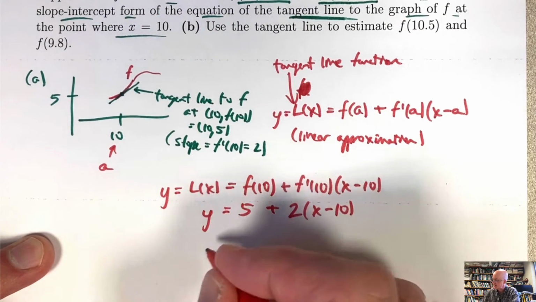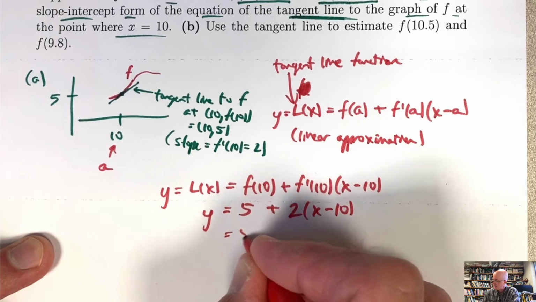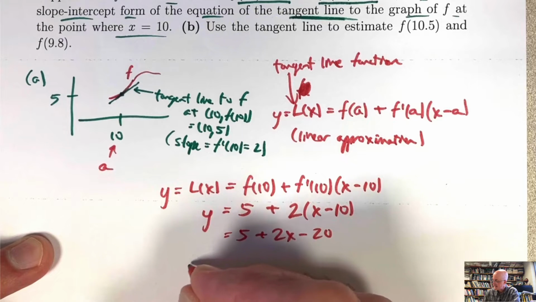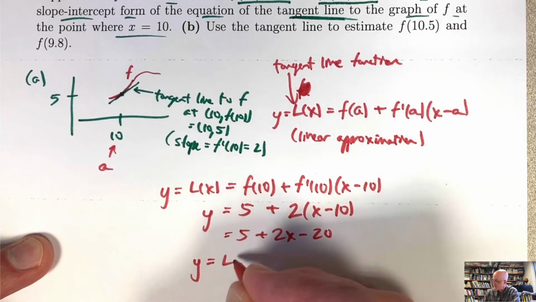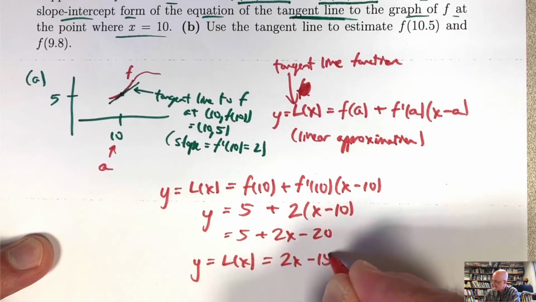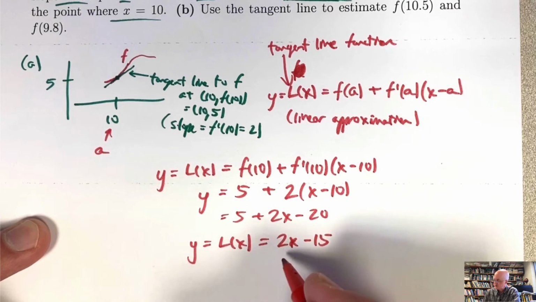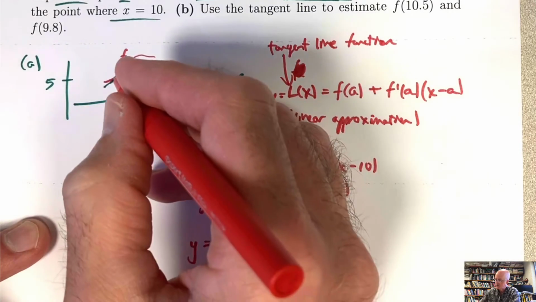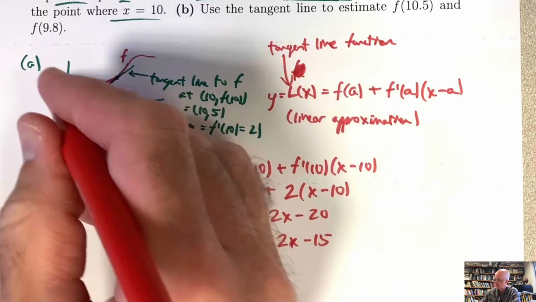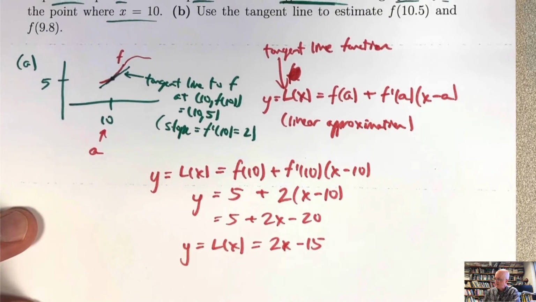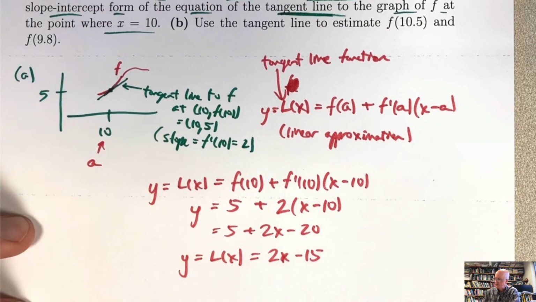So this becomes 5 plus, distribute the 2 through, 2x minus 20. In slope-intercept form, y equals L of x equals 2x minus 15, a line with a slope of 2 and a y-intercept of negative 15. So it would be way down here. This graph is not accurate. Okay, that's the equation of the tangent line in slope-intercept form.